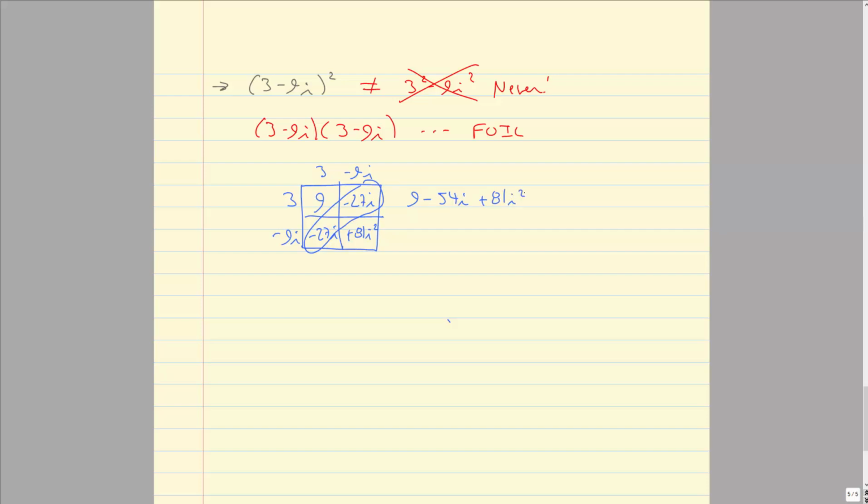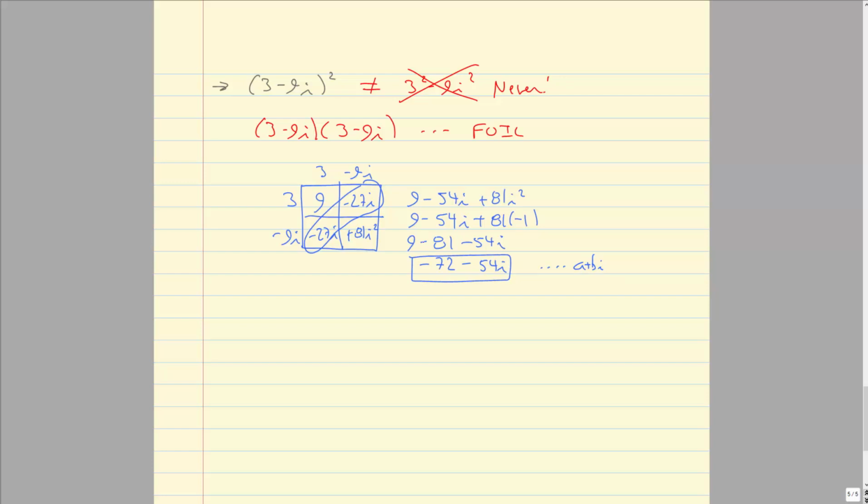And again, i squared is equal to a negative 1. So it would be 9 minus 81 minus 54i. 9 minus 81 is a negative 72 minus 54i. And again, it has to be in that a plus bi form.